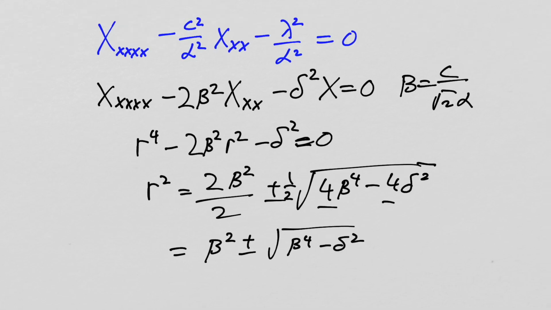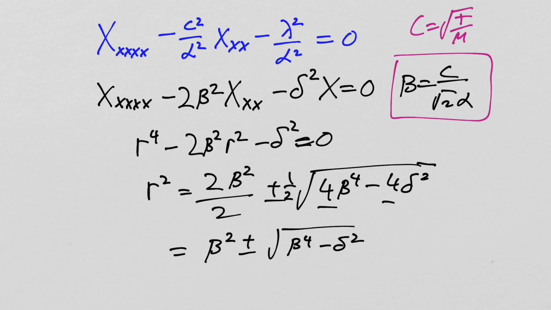Now with this, and looking at beta equals c over 2 alpha, understanding that c is the square root of t over mu, understanding that alpha is ei over mu square root, I think, right?